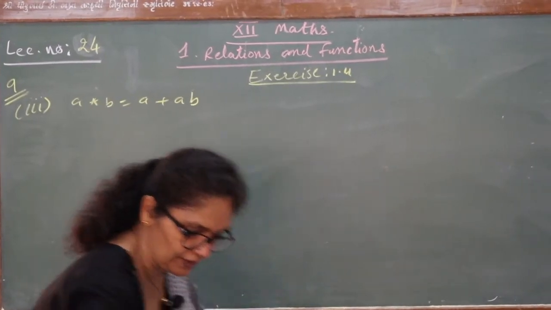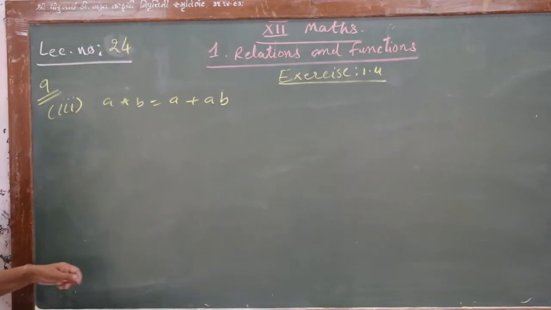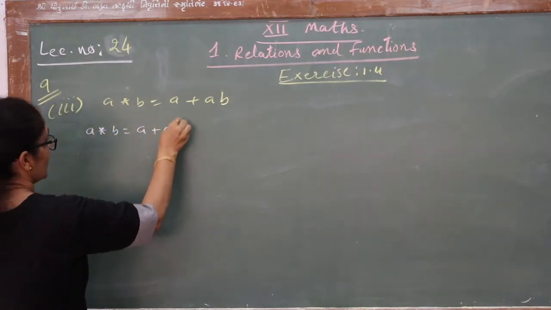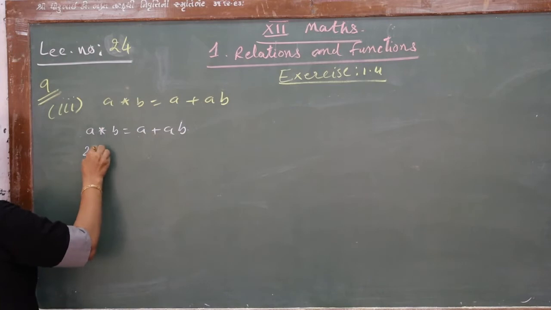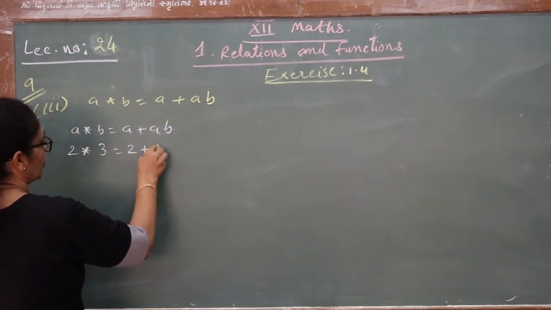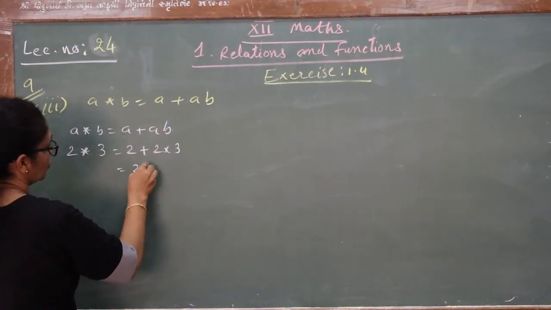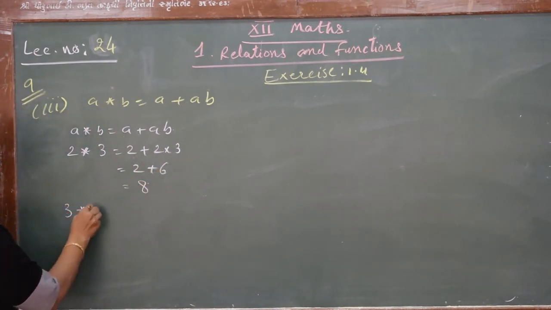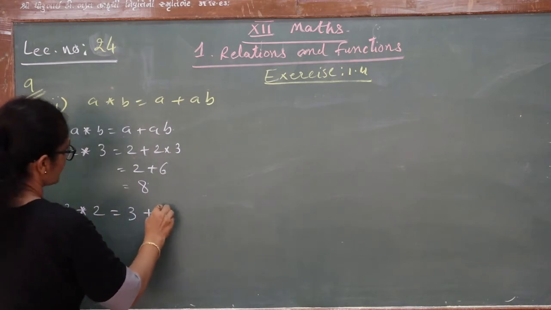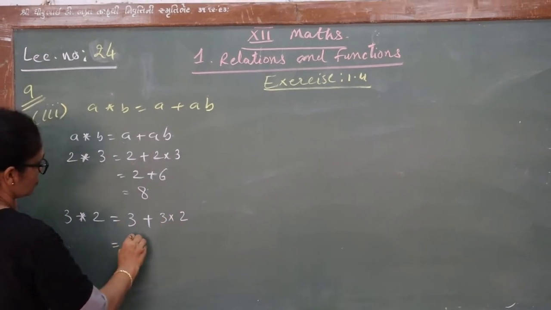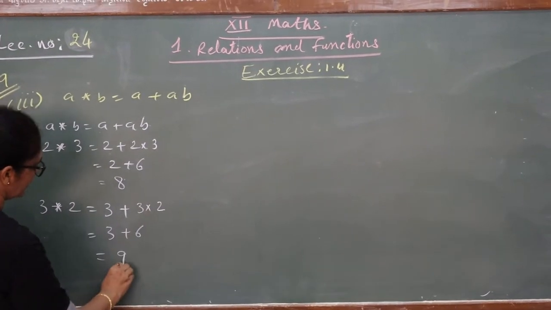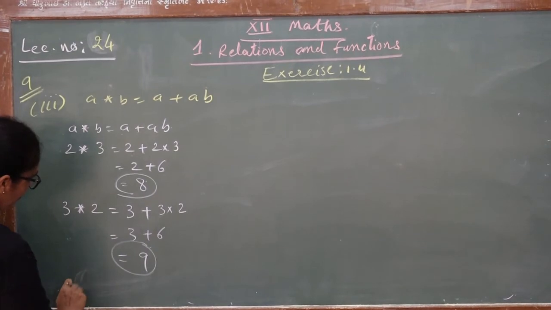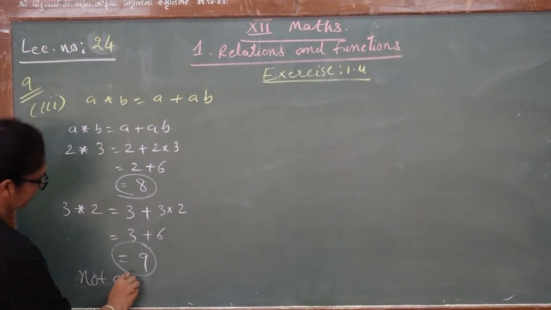Now let's start with commutative. First we take a asterisk b equal to a plus ab. So if I take 2 and 3, 2 plus 2 into 3, so 2 plus 6 and it will be 8. Same way 3 and 2. So 3 plus 3 into 2. So 3 plus 6 you get 9. One answer is 8, another is 9. So what can you say? Not commutative.